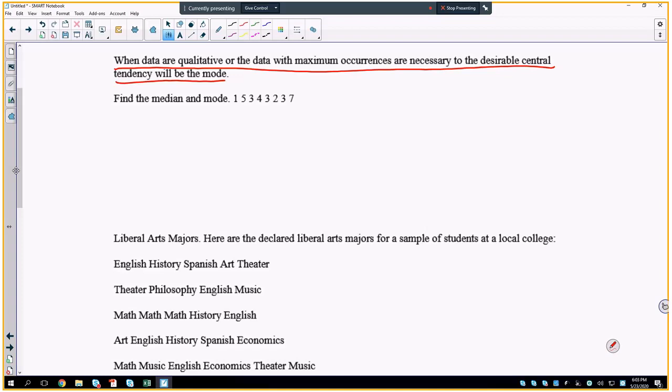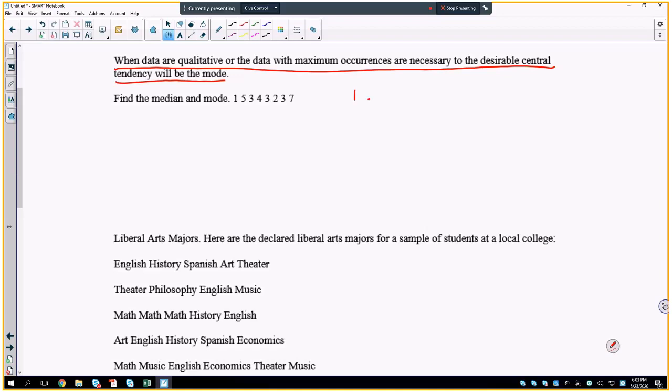So here we have a data set, 1, 5, 3, 4, 3, 2, 3, 7, and we're asked to find the median and the mode. Now remember we said to find the median, it's going to help us if we first put this in order. So let's do that.